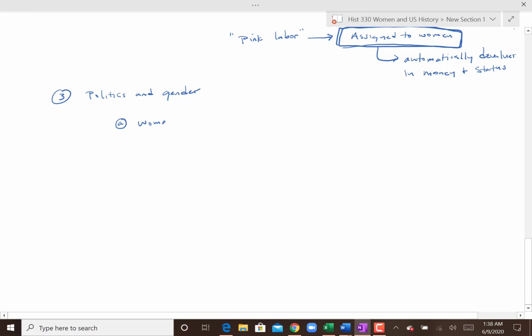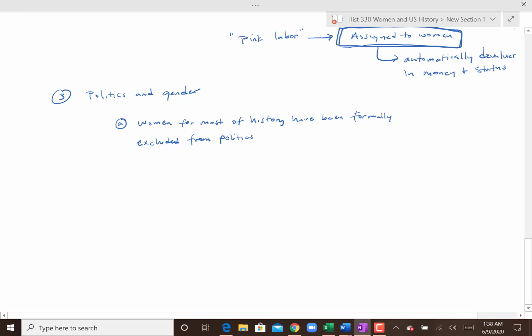Women, for most of history, most of U.S. history, so we'll just keep it history, because really it's around the world, most of history have been formally, and that word is important, right, excluded from politics.